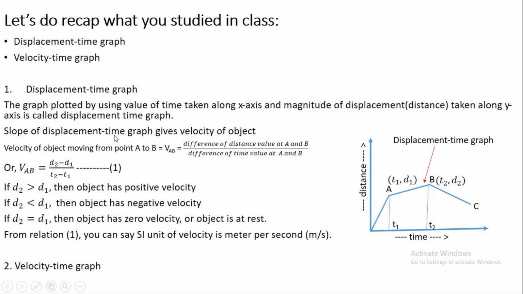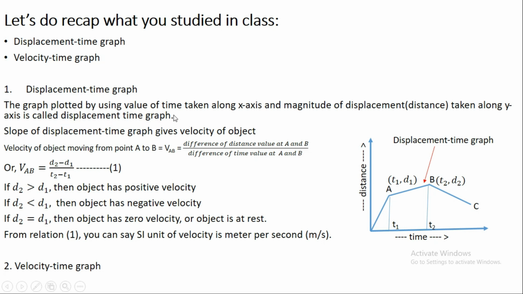Now let's define what the displacement time graph actually is. The graph plotted by using the value of time on the x-axis or horizontal axis, and the magnitude of displacement or distance taken on the y-axis, is called a displacement time graph.